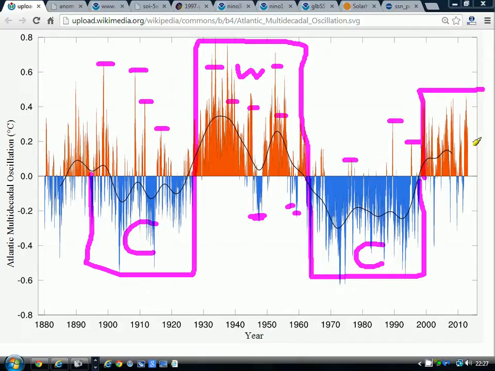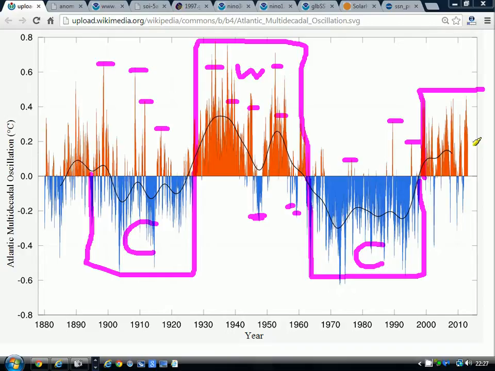And if you think that it's going to be roughly a 30 to 35 year cycle, well, assuming we started the warm phase of the AMO in 1995, which is a pretty good assumption, I think. Although there is a bit of a caveat with that, of course, because we had Mount Pinatubo going off in the early 90s, in 1991, and that did have the effect of cooling down the Atlantic through 91, 92, 93 and 94.